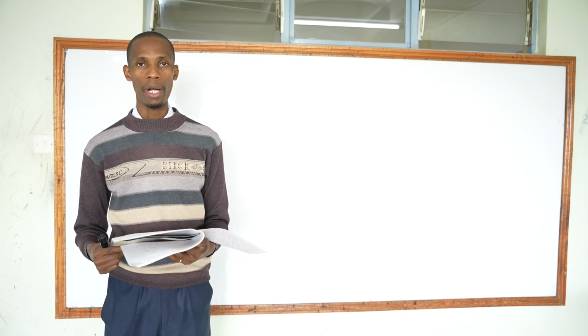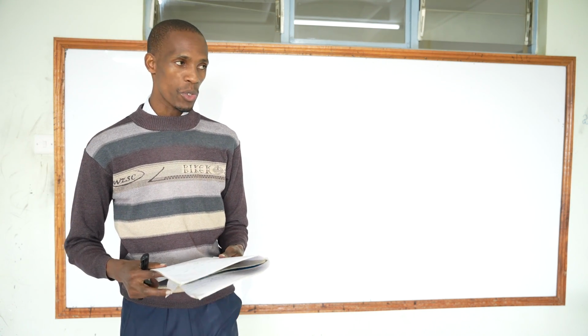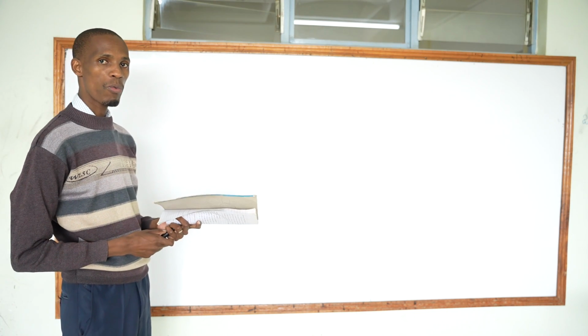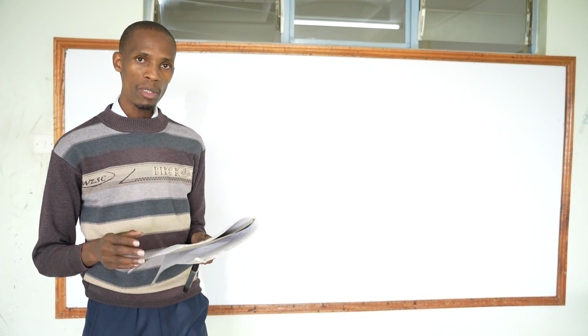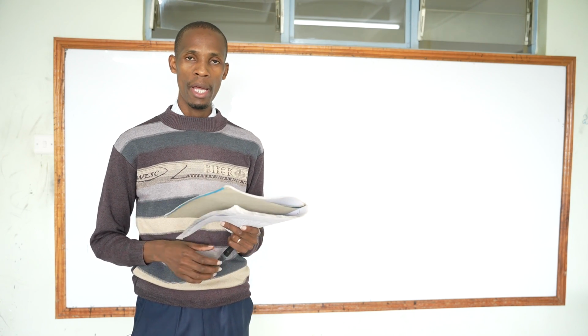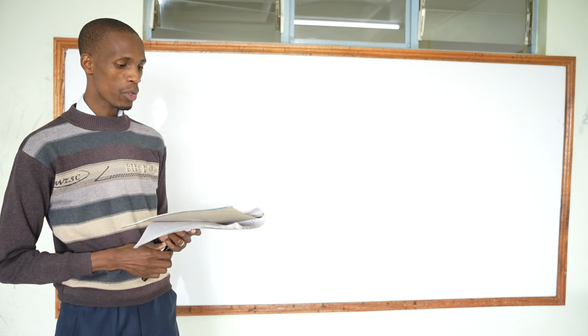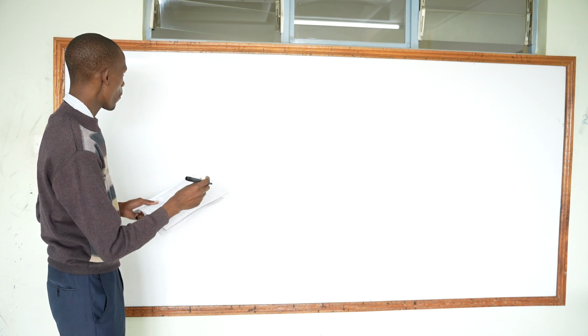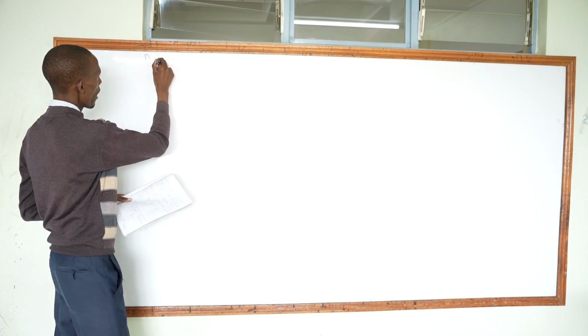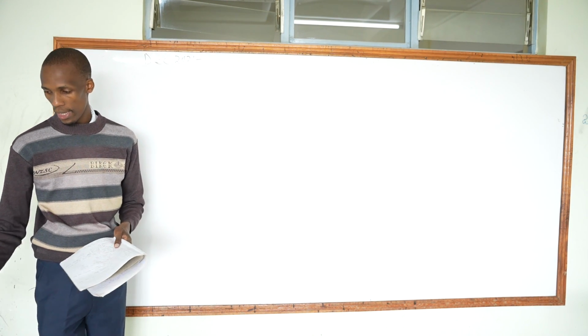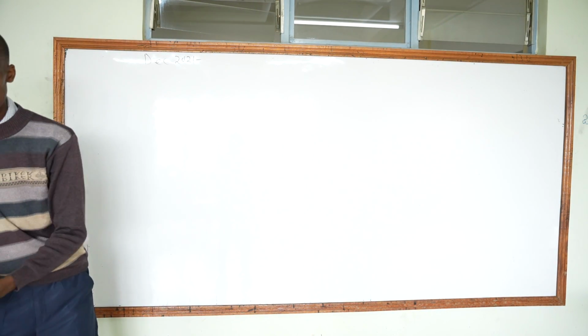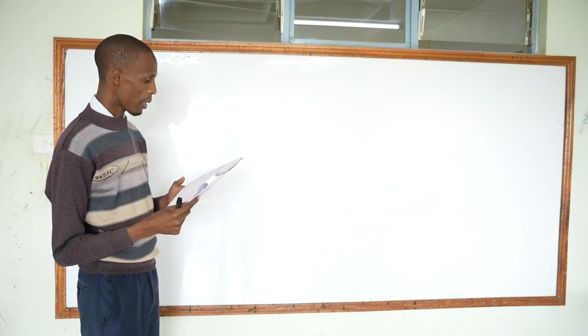disadvantages of linear programming. So today we shall be talking about formulation of linear programming. How do you formulate linear programming? We shall be guided by a question from a past paper, December 2021, question number 5.